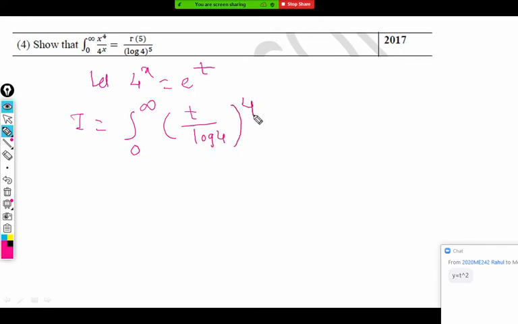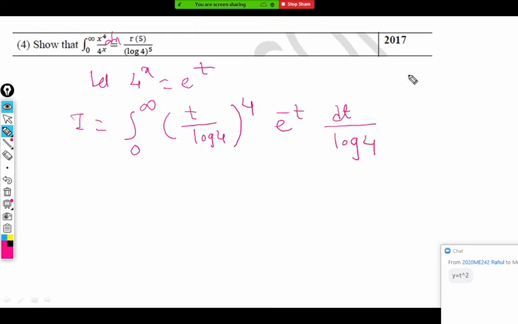Raised to 4, and the value of 4 raised to x becomes e raised to minus t, 1 upon 4 raised to x actually. The dx is missing in the question, so the value of dx becomes dt upon log 4. All these things I have written directly.